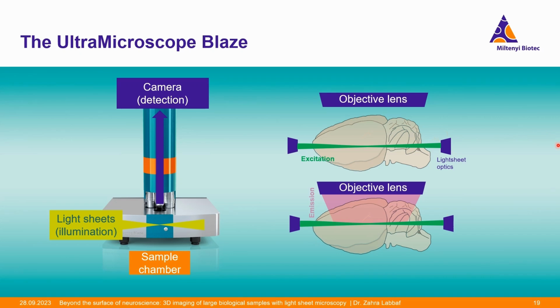Furthermore, because you are only illuminating the part of the sample that you're imaging, you will have less photobleaching along the z-axis. During detection as well, the light sheet is much faster than a confocal microscope, and this is due to the fact that the camera immediately captures the entire field of view at once. So overall, a light sheet microscope is faster and more gentle.